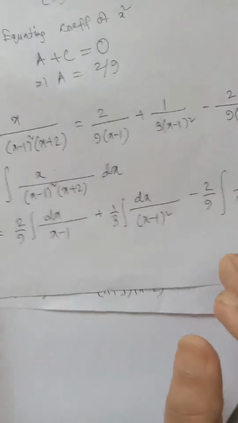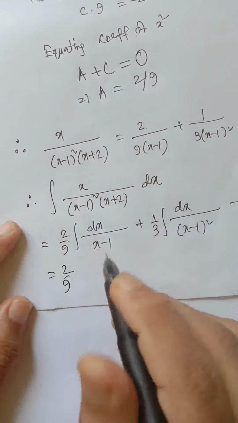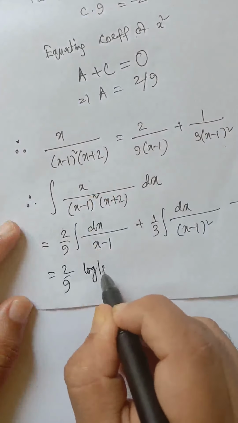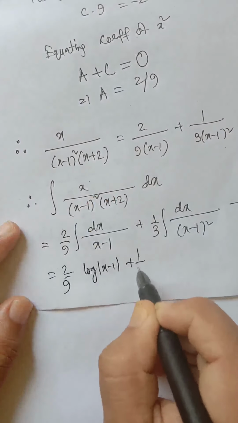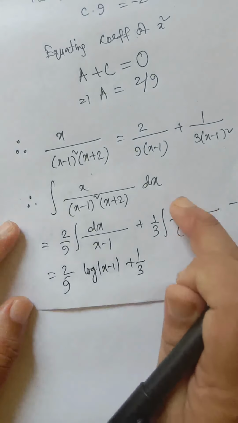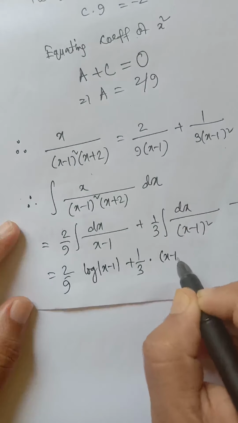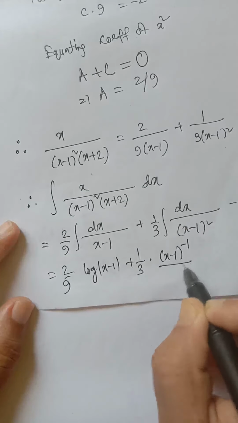And now we have to integrate. For 2 by 9, the integration of 1 by x is log of x minus 1. The next term is of the form 1 by x square, that is x minus 1 to the power minus 2, so its integration will be x minus 1 to the power minus 1 by minus 1.